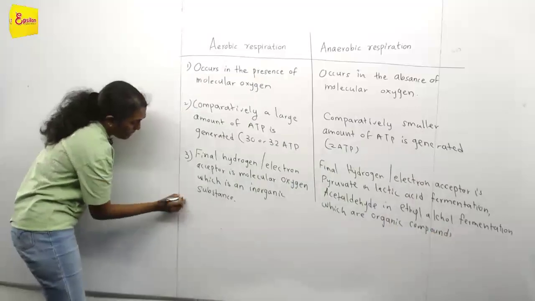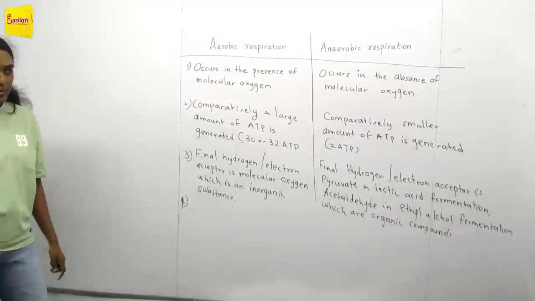Number 4, occurs in both cytosol and mitochondria.